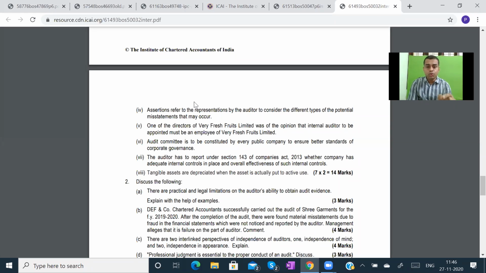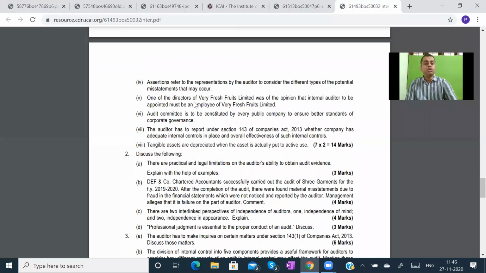Assertions refer to the representations by the management that are embedded in the financial statements. It is not the auditor's representation, it is management representation. So 4 is also incorrect.